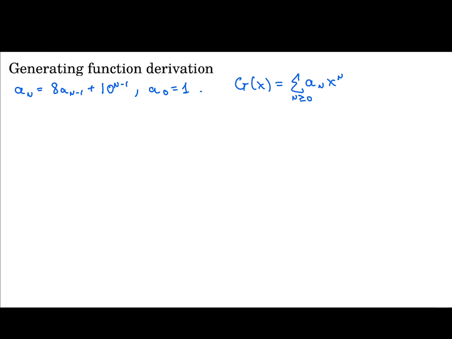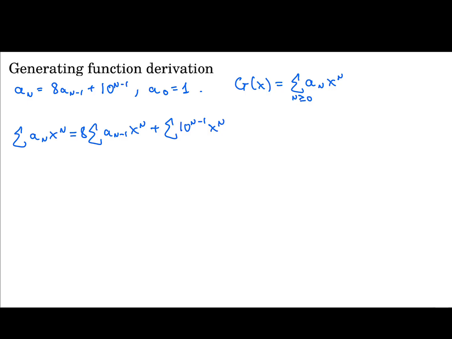So it's going to be the summation of a_n x^n equal to 8 times the summation of a_{n-1} x^n plus the summation of 10^{n-1} x^n.